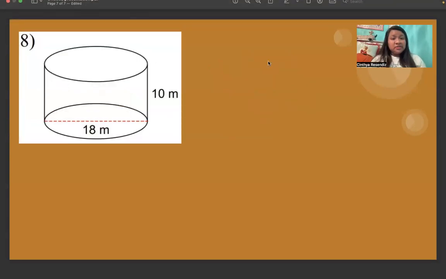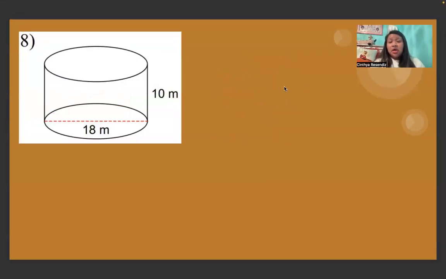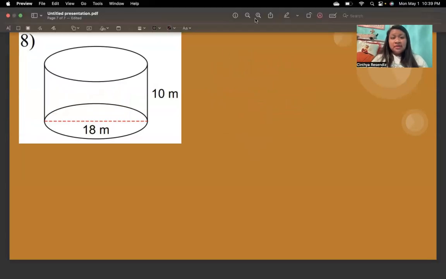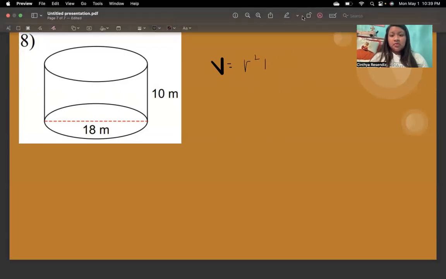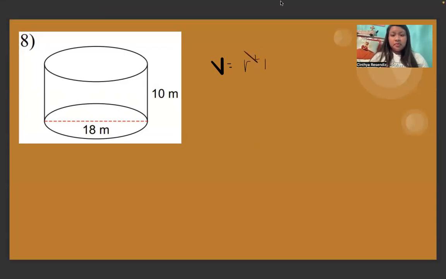So let's do this last problem. And this last problem is a cylinder. So to find the volume of the cylinder, we know the formula is pi radius squared times h.